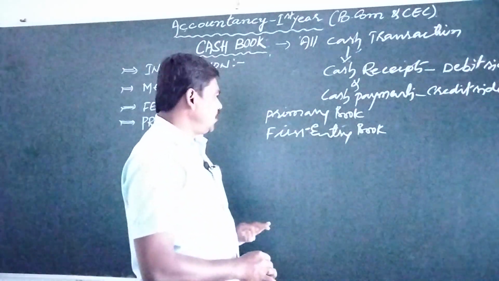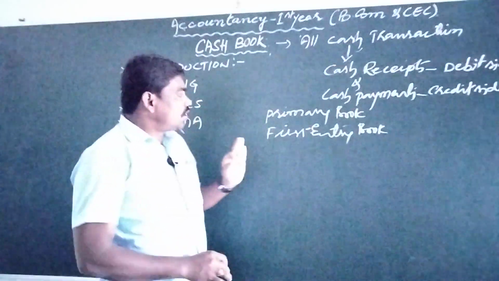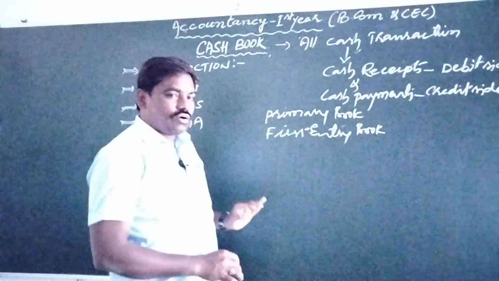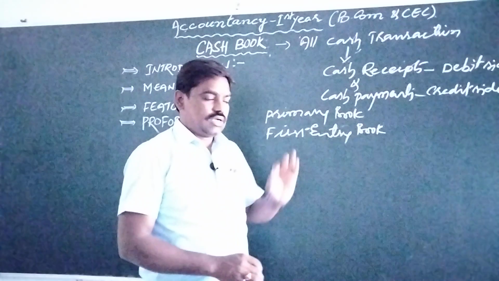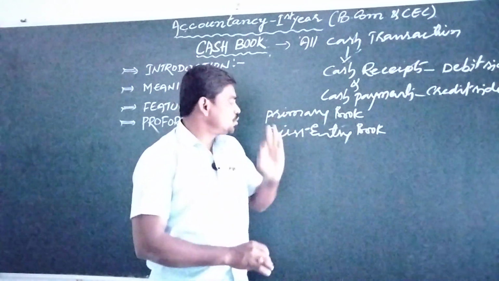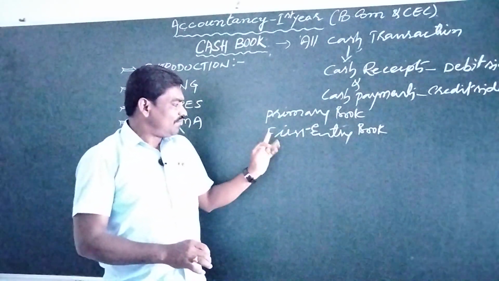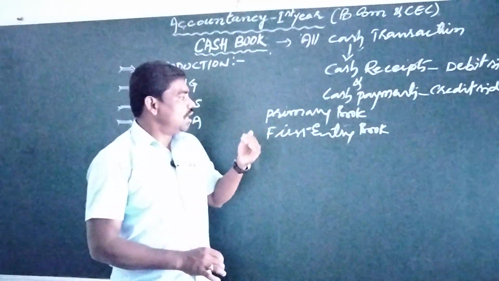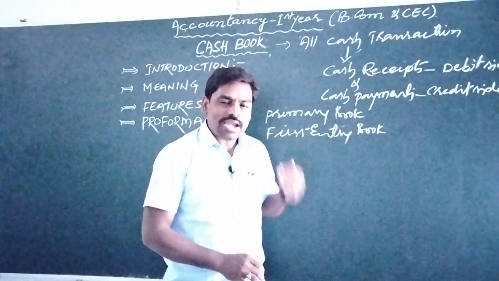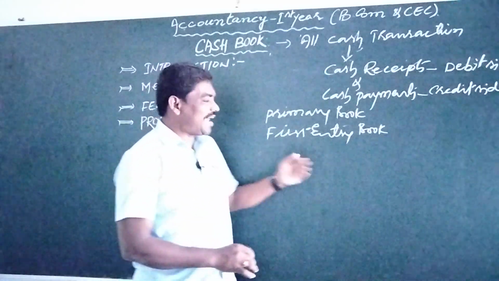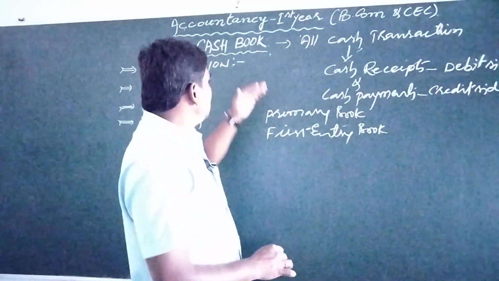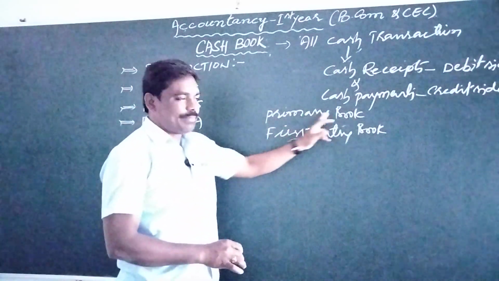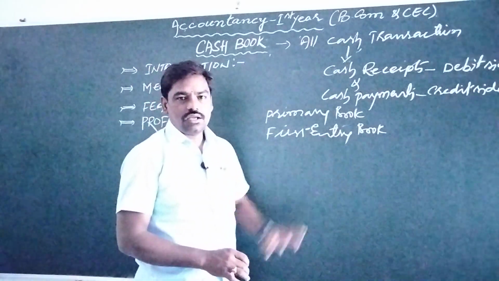That is important, we have to understand here. We call it a first entry book just because we record all cash transactions for the first time in the cash book, so that's why we call it first entry book. It acts like a journal in the business organization. So we call it a primary book or first entry book.